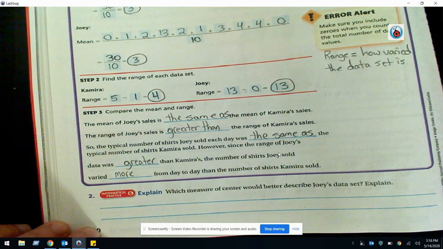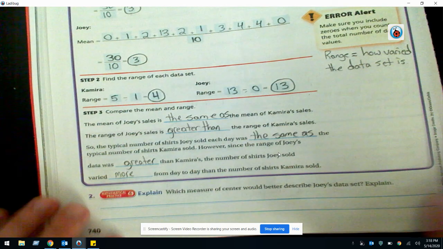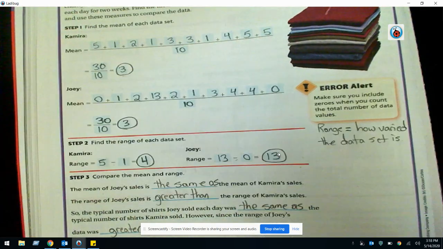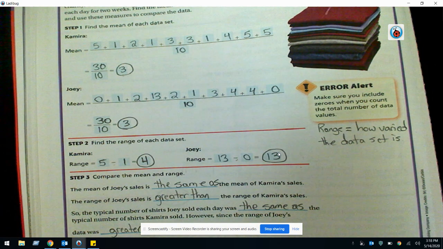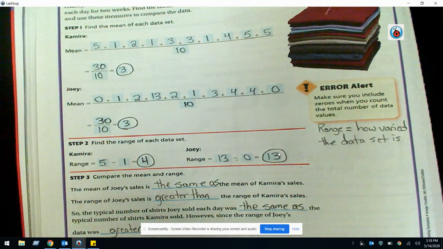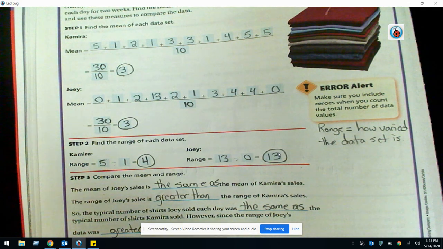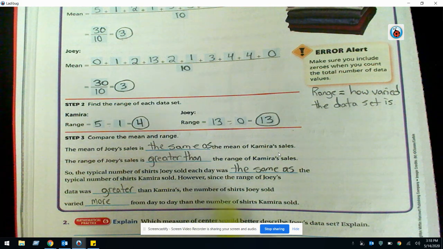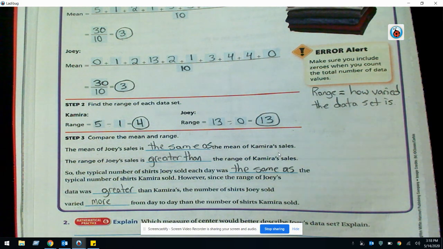What we're looking at is when we recognize the mean, they both are selling the same amount of shirts each day based off of this data. But understand that the range will tell you how varied the data set is, so Joey would have a different range of shirts that he'd be selling. It'd be a wide variety from day to day. Kamira would stay within a close range of her own.